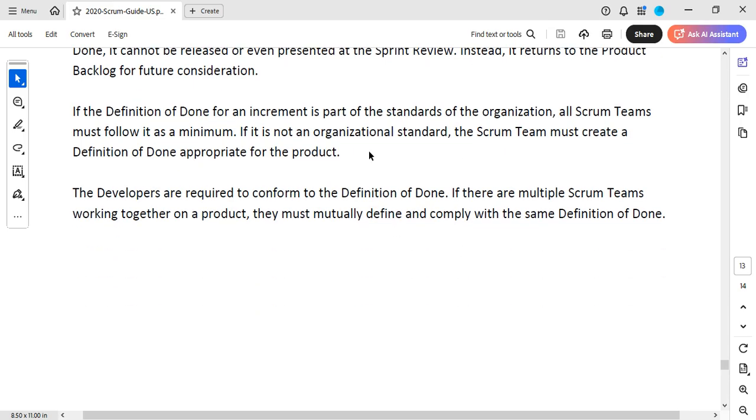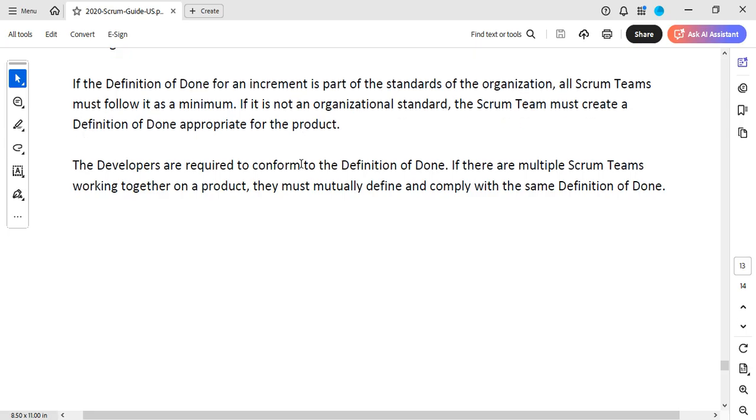If the definition of done for an increment is part of the standard of the organization, all Scrum teams must follow it as a minimum. If it is not an organizational standard, the Scrum team must create a definition of done appropriate for the product. Like, this gives your product value. It gives everyone that sense of, okay, this product has to meet this definition of done before we can even present it, before we can even say it's an increment.